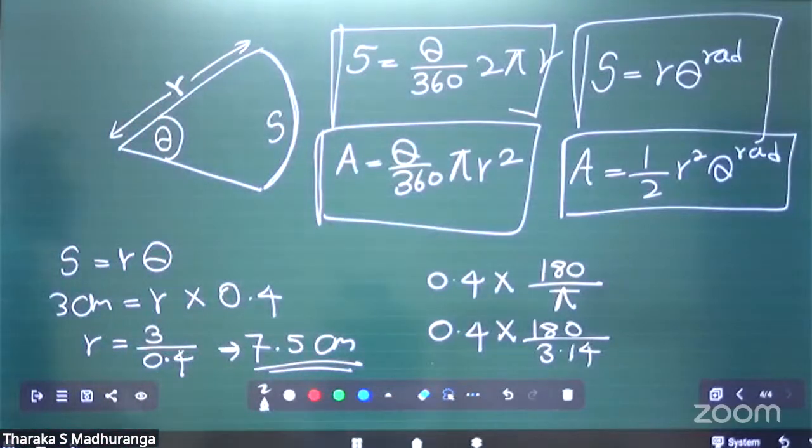Abhi, what is this degree value? 18 into 4 is 72, so 72 over 3.14.